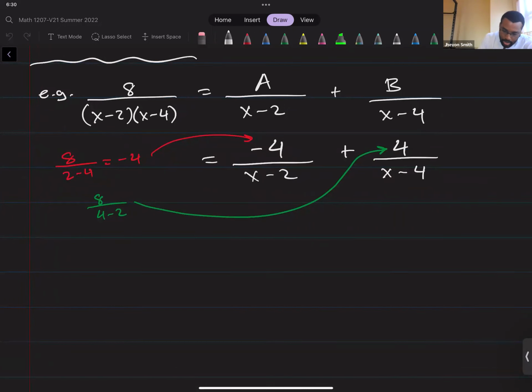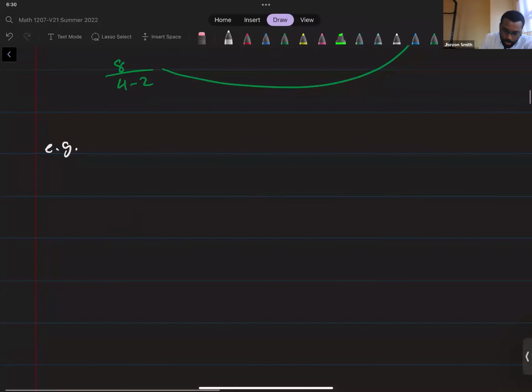So here's another example. 5 divided by x minus 1 times x minus 11.